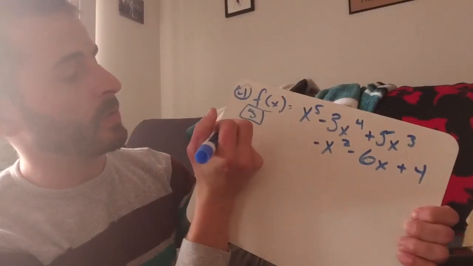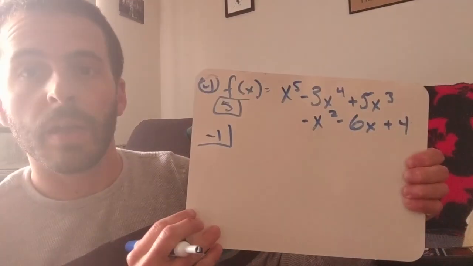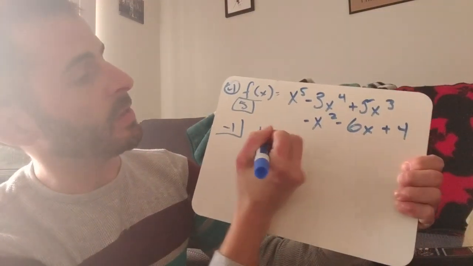Then I'm going to second trace, just like we did in 4-5, and look for some zeros. It looks like one of the zeros is at negative 1. So I'm going to put negative 1 in the box and do synthetic division on this polynomial.